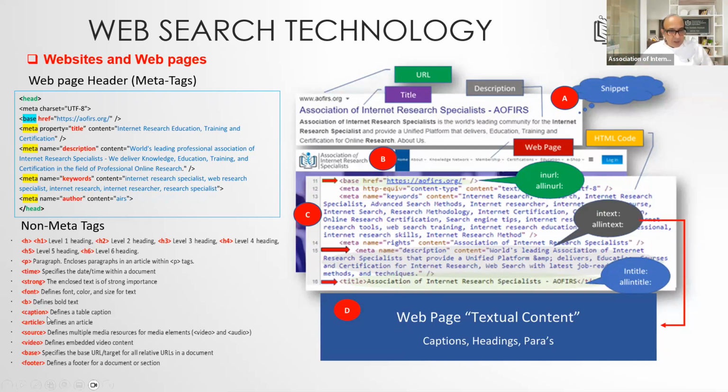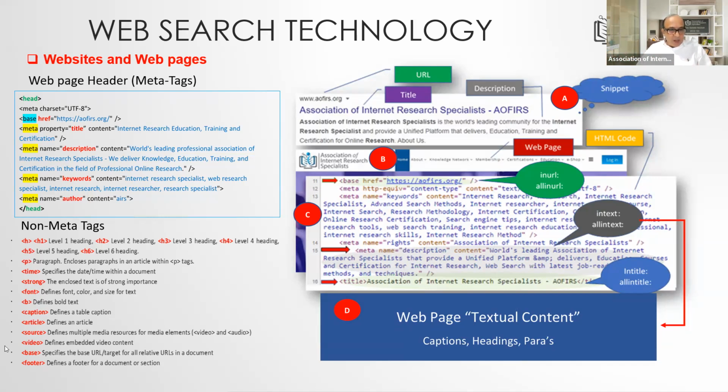Similarly, there are other tags like B for bold, captions, and article. If you want to look for articles only, and you won't know if the writing style is a blog or an article, then it is going to look for the quotes rather than the information that is appearing for the user, and find the source that is coming from the articles and not from anywhere else.